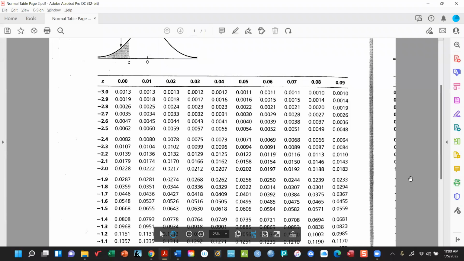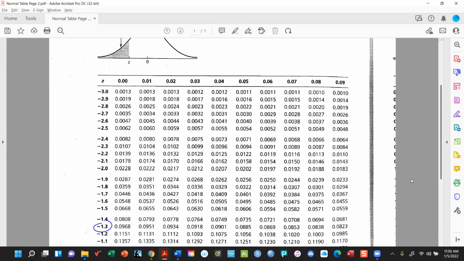Okay, so we need the combination of negative 1.3 and 0.06. 0.0869. All right, now remember though, we have to subtract that.